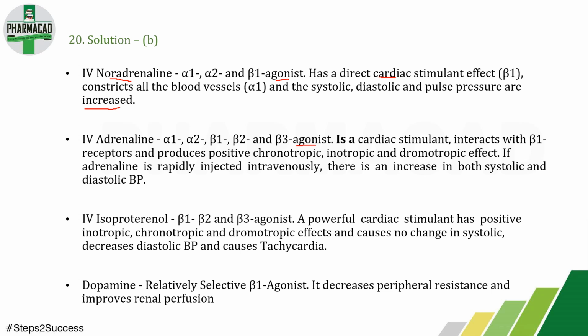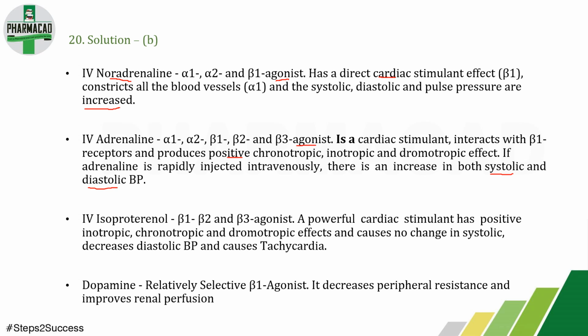Then it is a cardiac stimulant. It interacts with the beta 1 receptors and produces positive chronotropic, positive inotropic and positive dromotropic effects. And if adrenaline is rapidly injected intravenously, what will it do? It will increase both systolic as well as diastolic blood pressures.